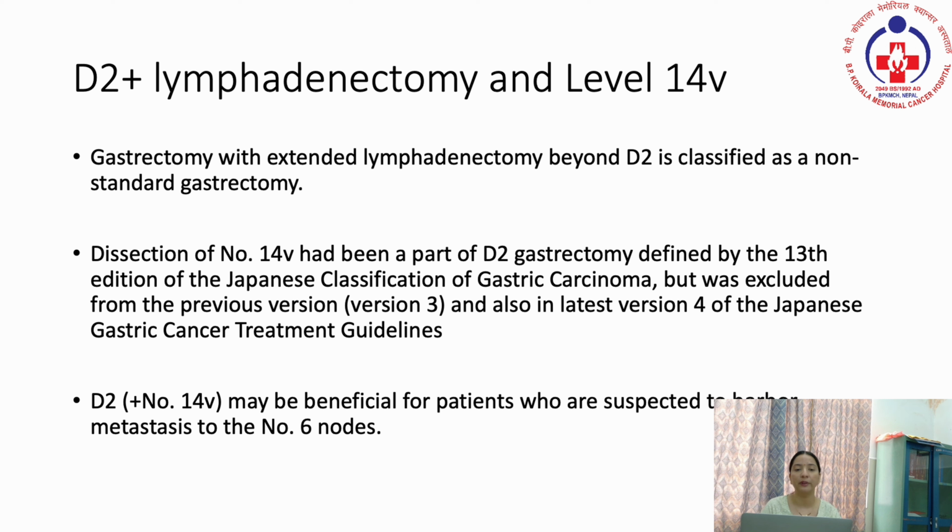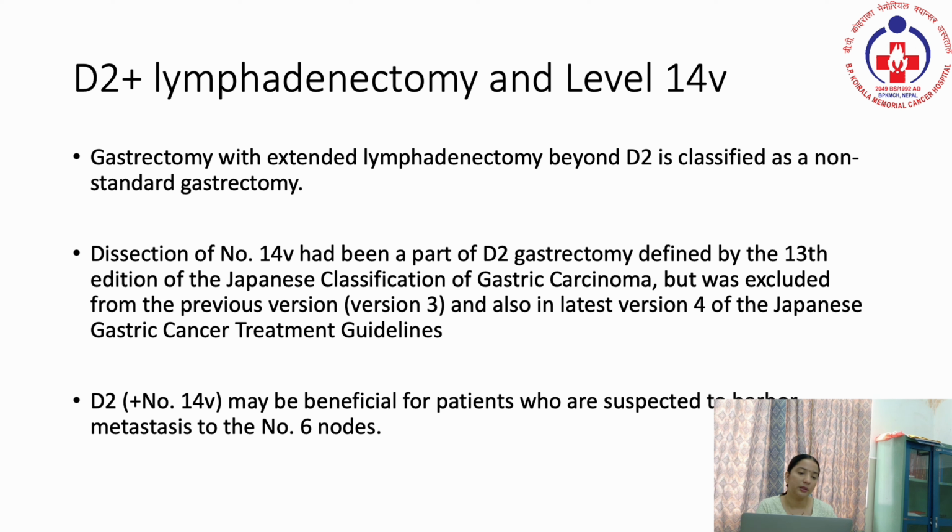D2 lymphadenectomy and the role of adjacent level 14B. Initially, in the Japanese classification of gastric carcinoma, the second edition, that is the 13th edition, they included the 14B lymph node as a part of D2 gastrectomy, as they regarded 14B as a regional lymph node.